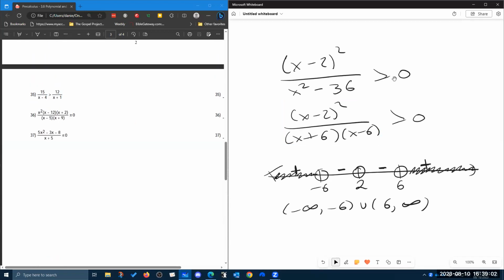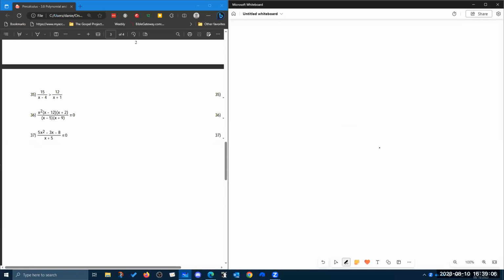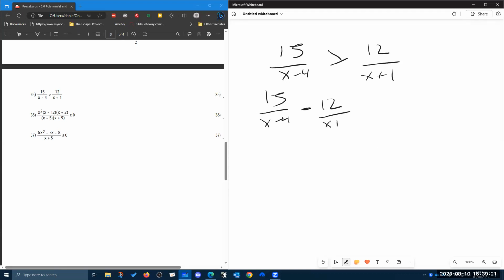Let's go ahead and do one that has fractions on both sides, like number 35. You need to bring everything to the left-hand side. Then we need to make a common denominator.